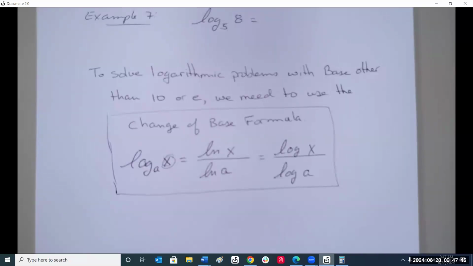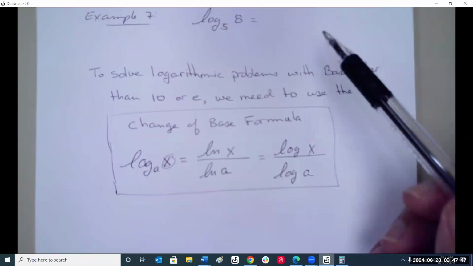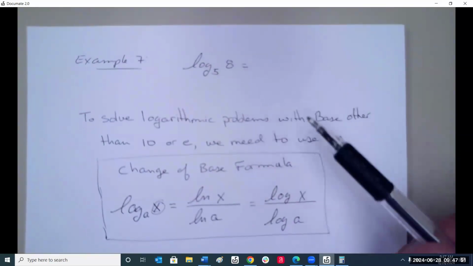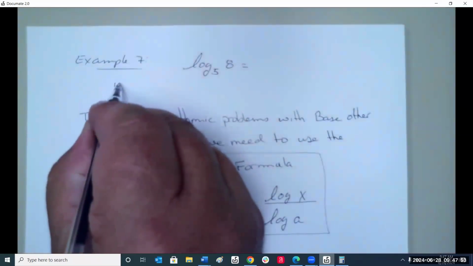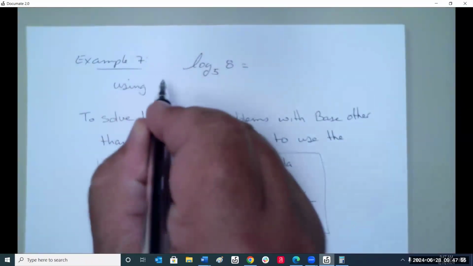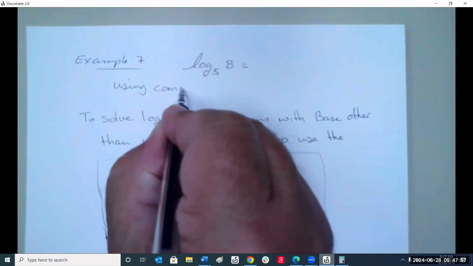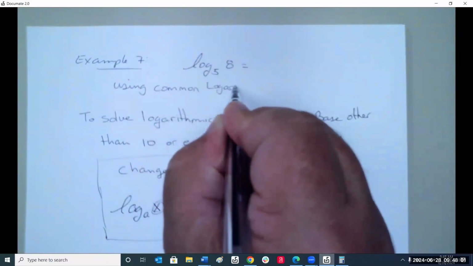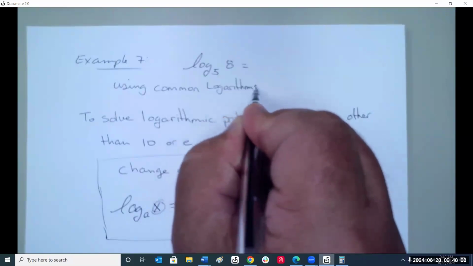And example 7 says, find the solution using common logarithms.